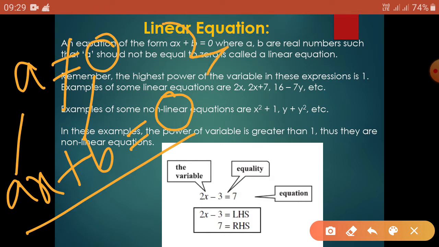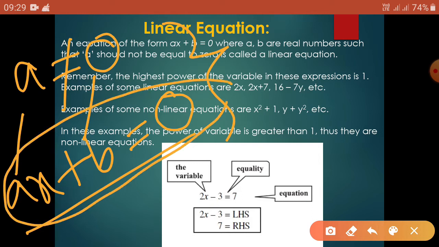So look at the conditions. What is the form of the linear equation? ax plus b equal to 0, where a should not be equal to 0. Here a and b are real numbers.